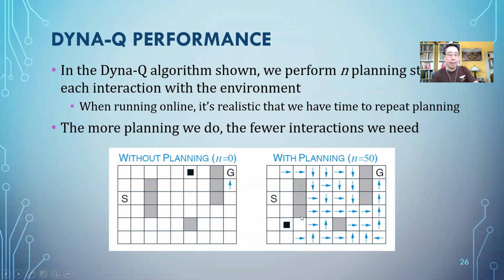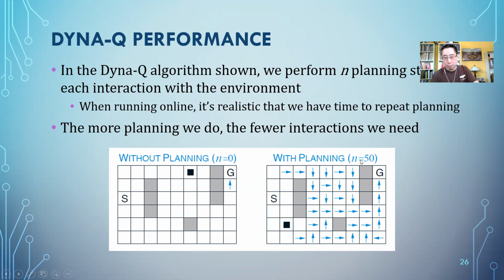You can see that in the case of no planning, it might take you, I don't know, dozens of episodes before you finally flesh out the value function for all these different states.